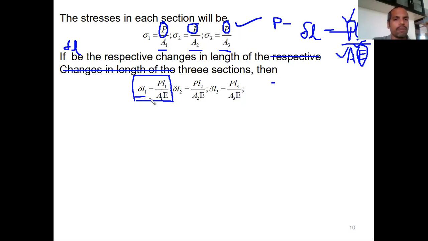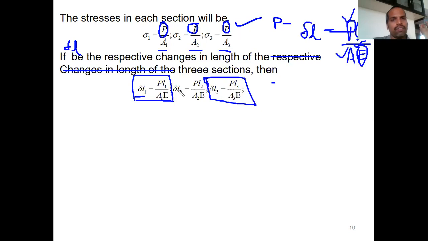One member will have one amount, the second will have a different amount, the third a different amount. Maybe numerically sometimes they may be equal, but it doesn't mean that all are equal. In specific problems they may come out equal, not in general.